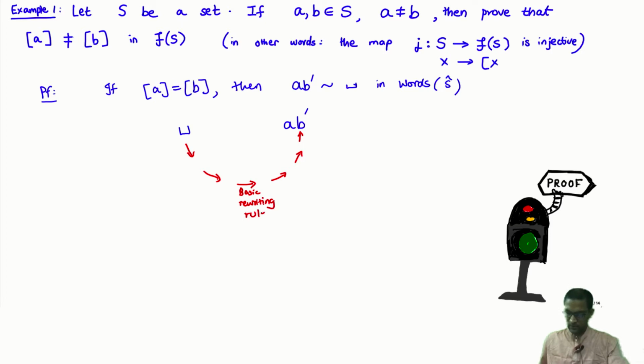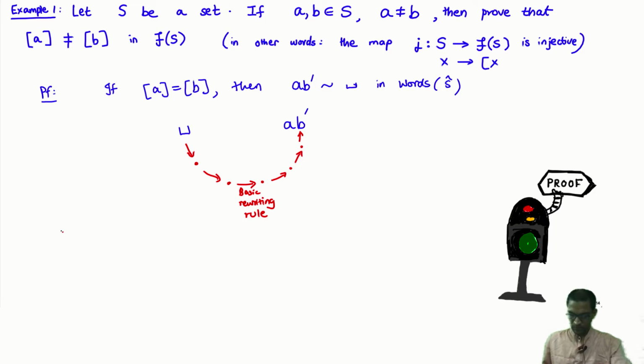Now I claim the following, that when you apply a basic rewriting rule to the empty word, each of the words in the chain has the following property, that it has an equal number of A's and A primes. Likewise B's and B primes, but let's focus on one of the alphabets.